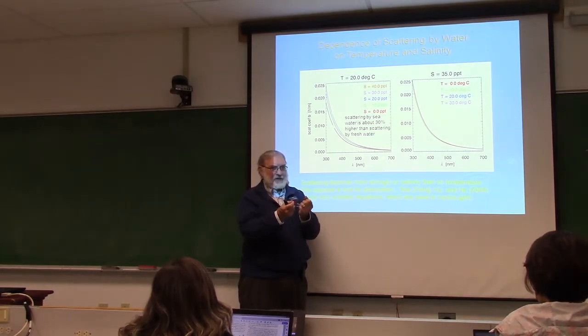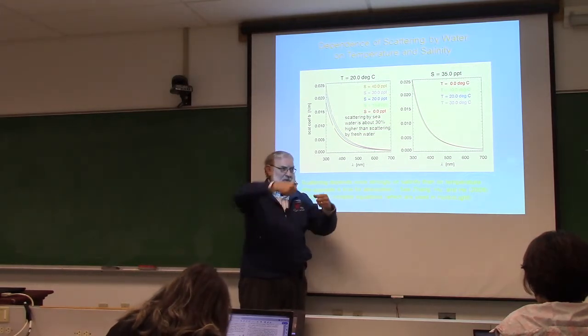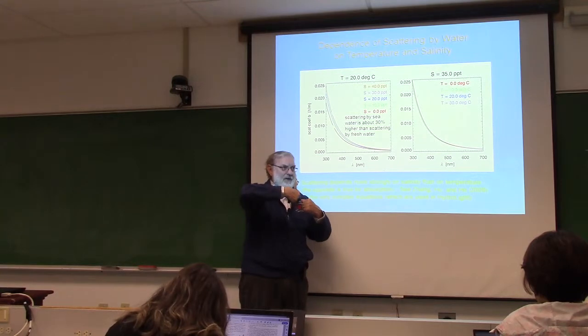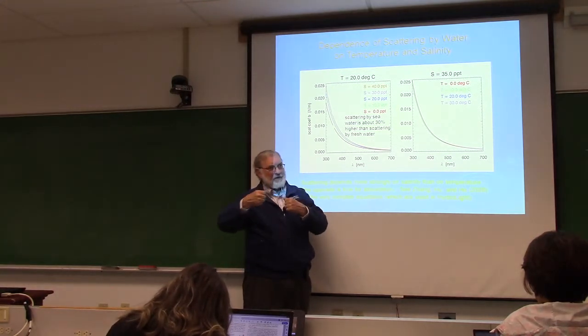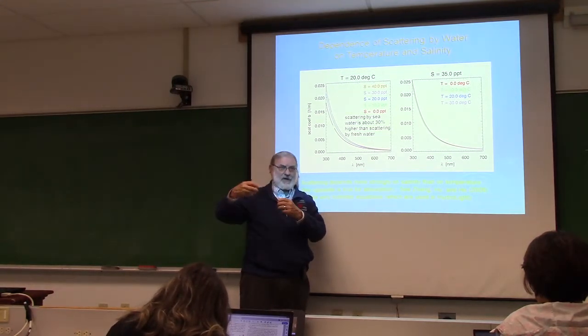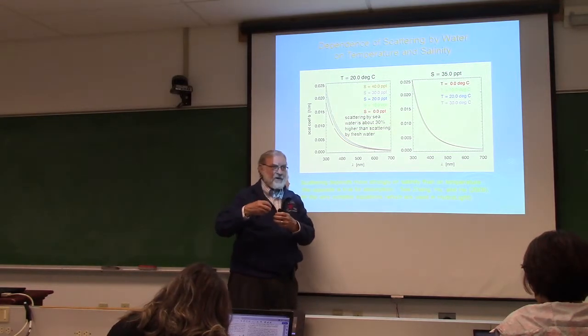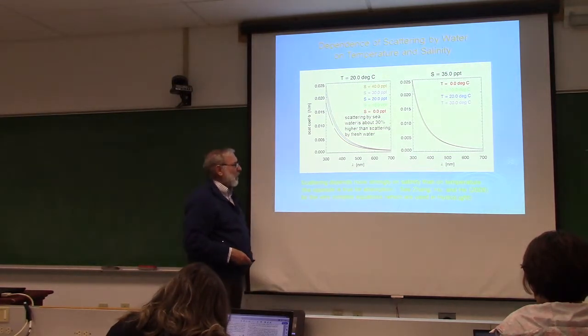So the positive heads, if you wish, of the water molecules will get attracted towards the negative chlorines, and the positive sodium ions will get stuck on the tails of the water molecules.